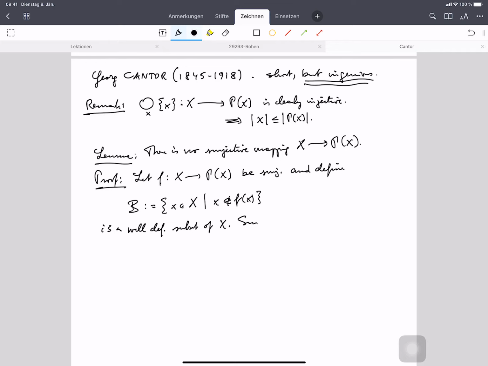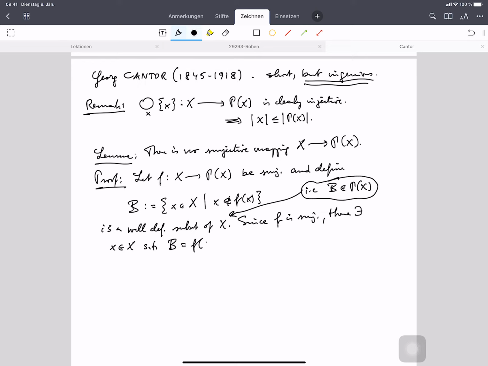B is in P(X). Since f is surjective, there exists x in X such that B is f(x). Think about it for some seconds.